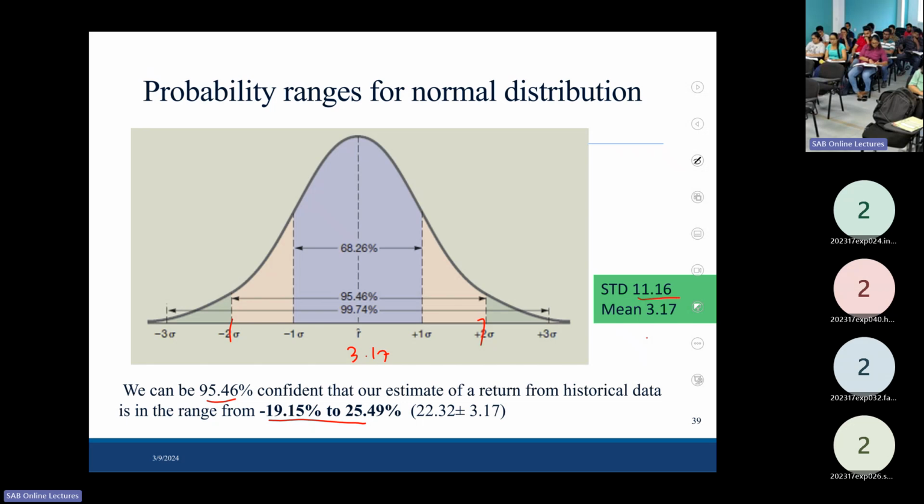The standard deviation is 11.16, so 2 standard deviations means 11.16 times 2, which is 22.32. With the properties of the normal probability distribution, at the 95.46 confidence level, your expected value, the value you estimate using this sample, will be within this range, from minus 19.15 to 25.49. That is the risk.